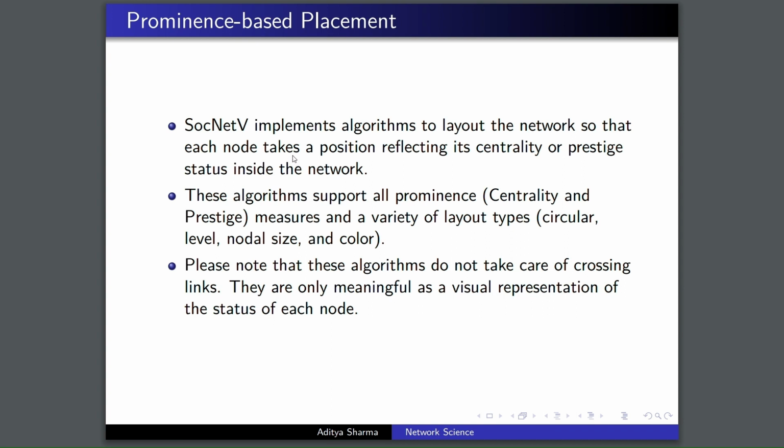Important thing to notice: these layouts prioritize highlighting the node importance and may not be ideal for analyzing intricate edge structures. These algorithms support all kinds of centralities and prestige measures, and we have a variety of layouts like circular layout, a level layout, nodal size, and node color.